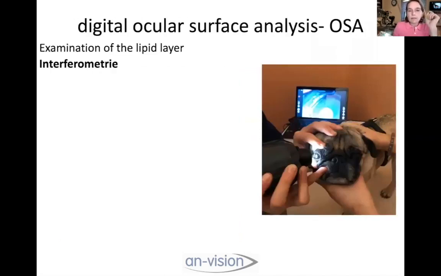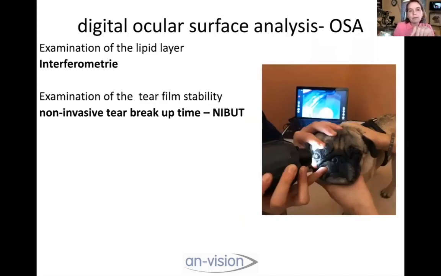You can look at the lipid layer with something called interferometry, and I'll go over that step by step. And you can look at the tear film stability by a non-invasive tear breakup time. We just talked about the tear breakup time with placing a fluorescent drop, and that's obviously quite examiner related, and it has those high variations that leave you wondering, what do I do with this now?